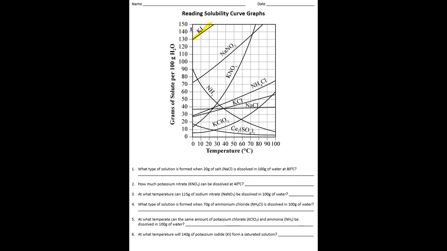Okay, so 140, carry it over to the line, about right here, a little bit past that 10 degrees. So maybe about 12 degrees Celsius. You don't have to be exact on it, just do the best you can. Okay, so that's how you read these solubility graphs.